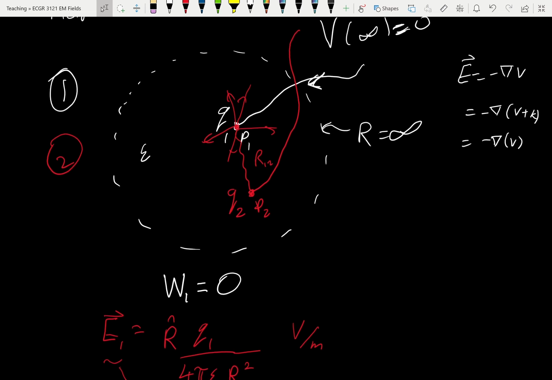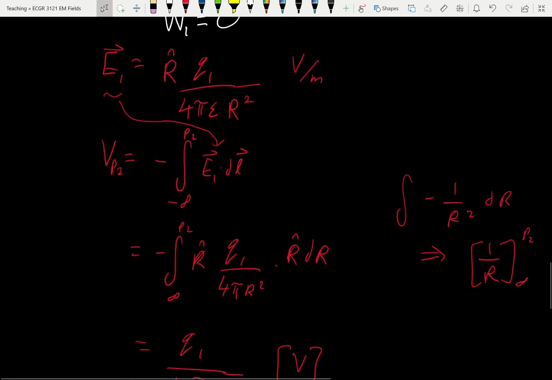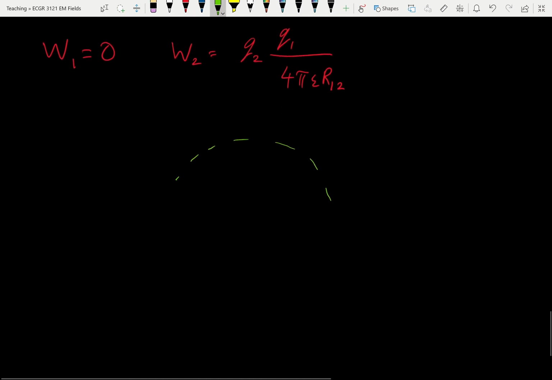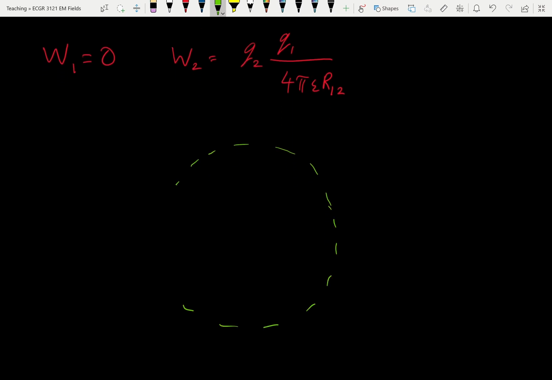Okay, let's go further now. We want to go to step 3. I want to show you a pattern. So what's step 3? Let me go to green. This again is our universe, and we already placed 2 charges, Q1 at P1 and Q2 at P2.